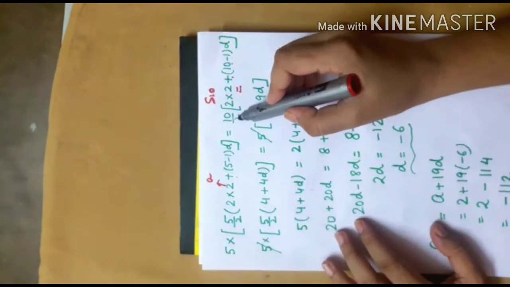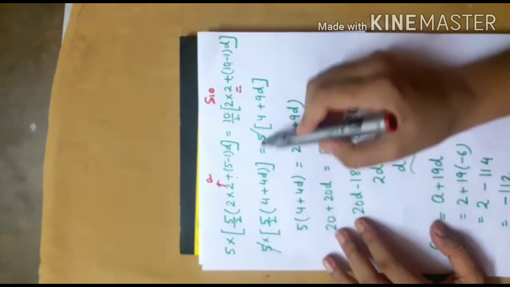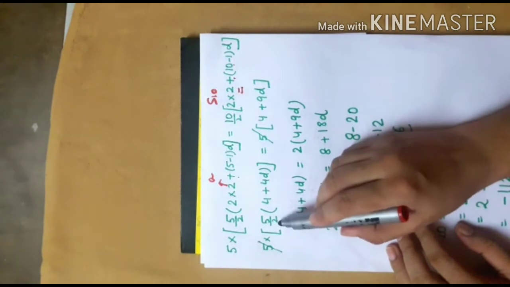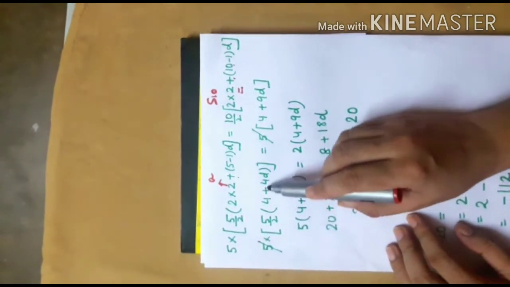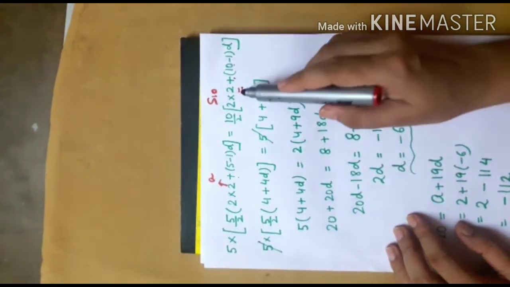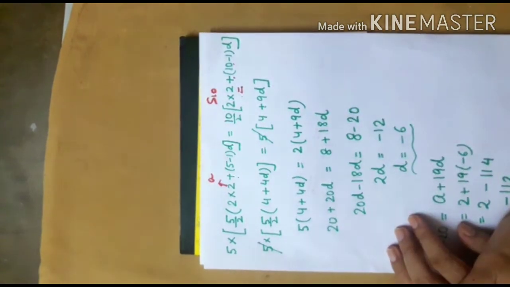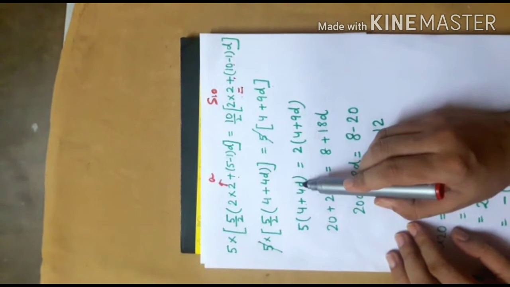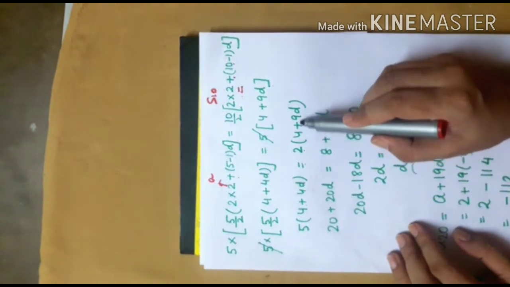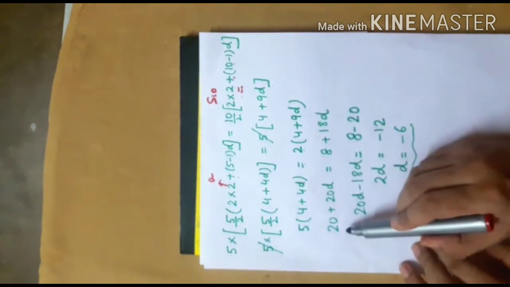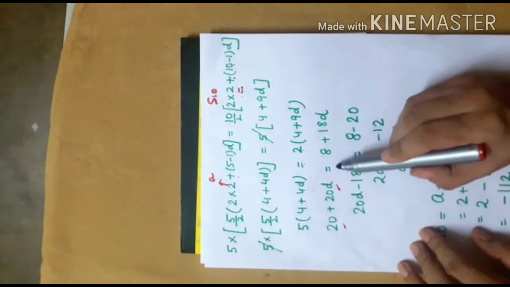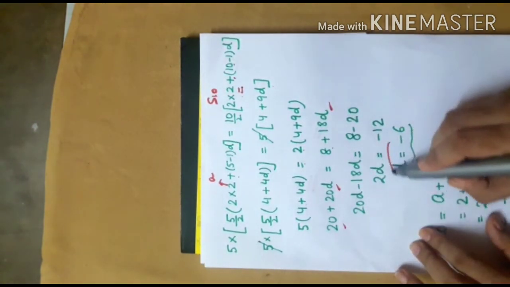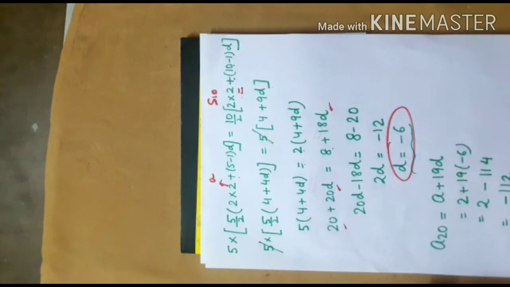Yes, 10 over 2 will give you 5, and this 5 and this 5 cancel out. So here I'll get 5/2 into (4 plus 4d) equals (4 plus 9d). Cross multiply, I'll get 5 into (4 plus 4d) equals 2 into (4 plus 9d). Open the bracket, 20 plus 20d equals 8 plus 18d. So from here, I'll get the value of d as minus 6.